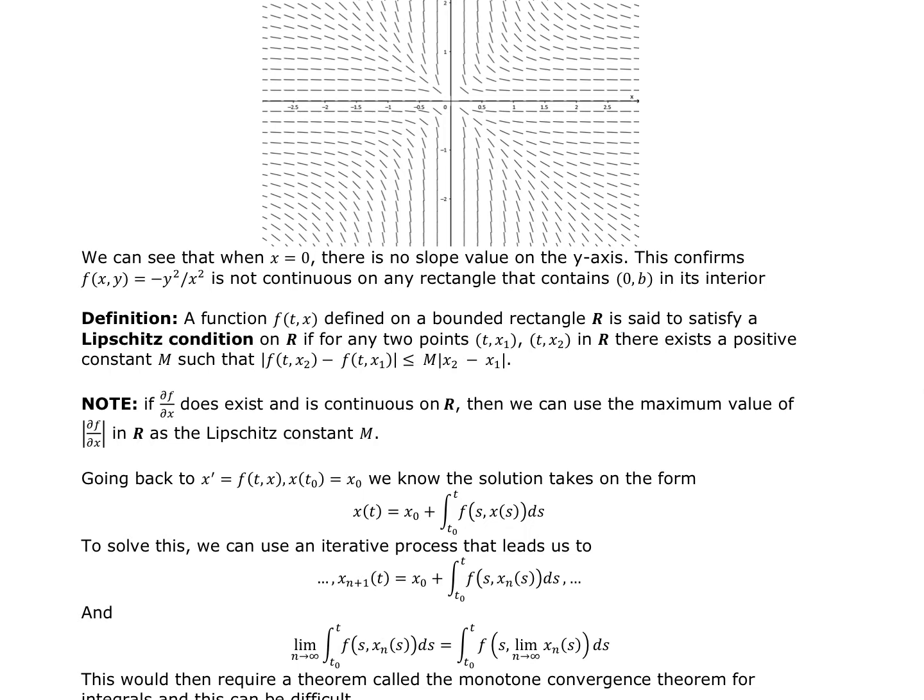Now we want to note that if the partial derivative of f with respect to x does exist and is continuous in R, then we can use the maximum value of that in R as a Lipschitz constant for m.